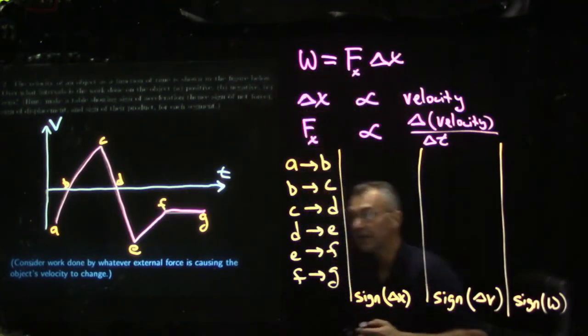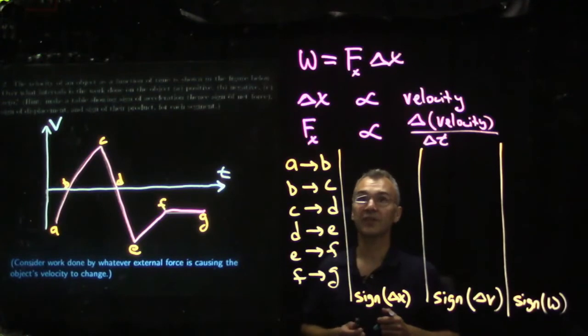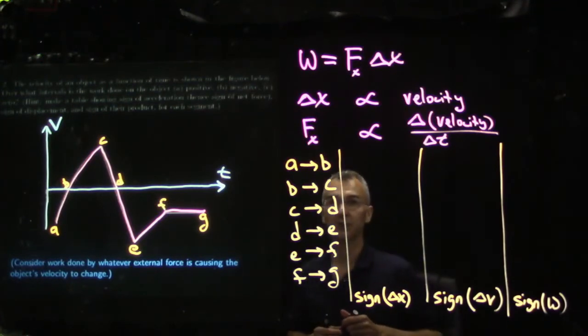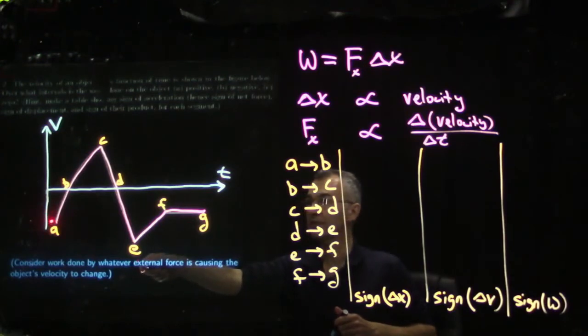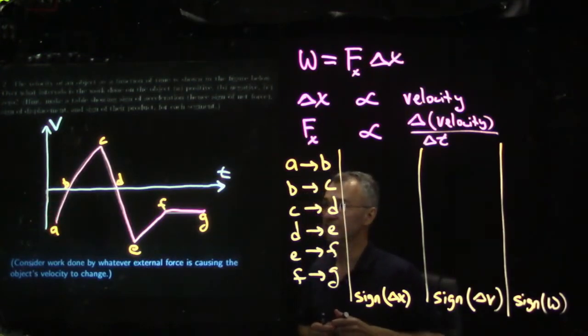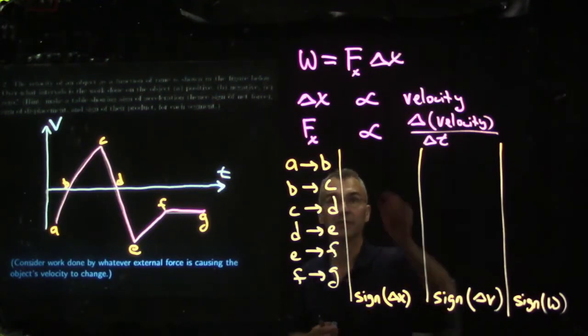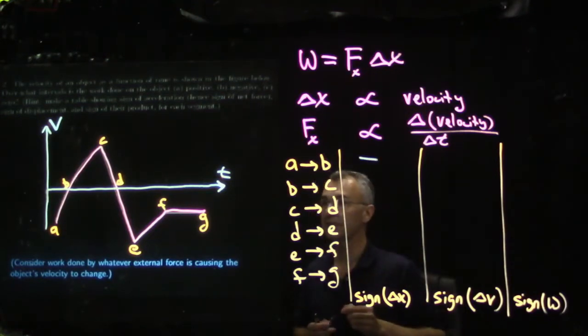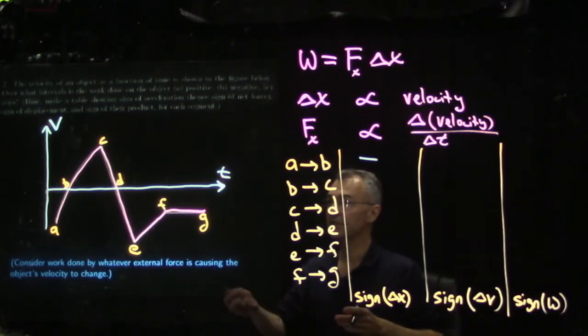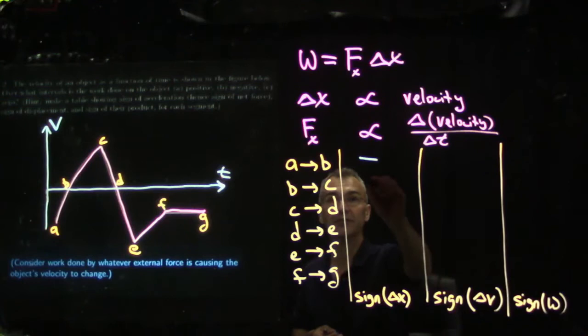So we can ask, what is the sign of the displacement during the interval from A to B? The sign of the displacement must be the same as the sign of the velocity. So between A and B, the velocity is negative, so the displacement must be negative. Between B and C, the velocity is positive, so the displacement must be positive.